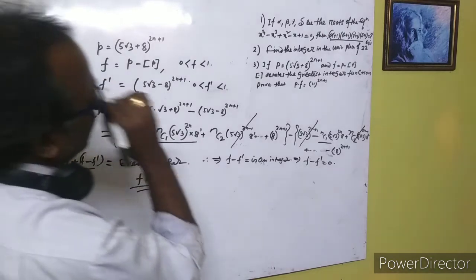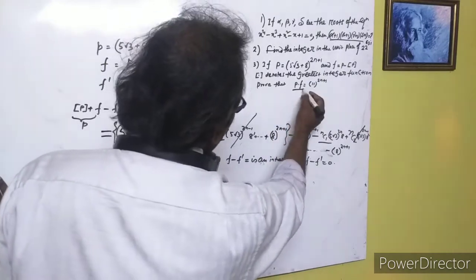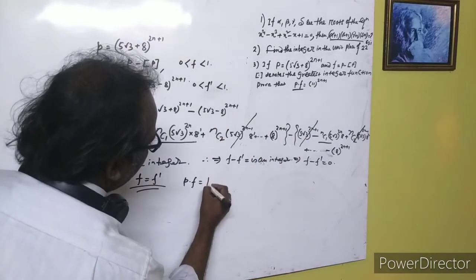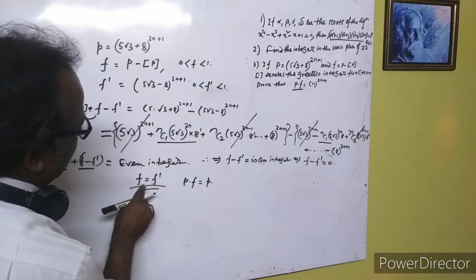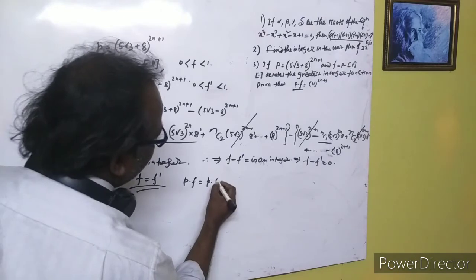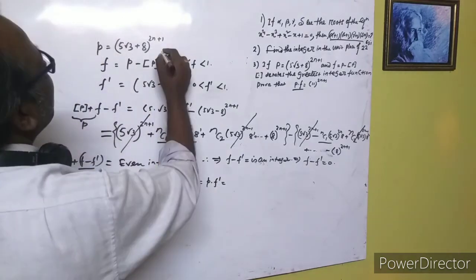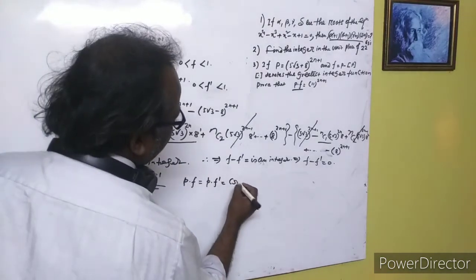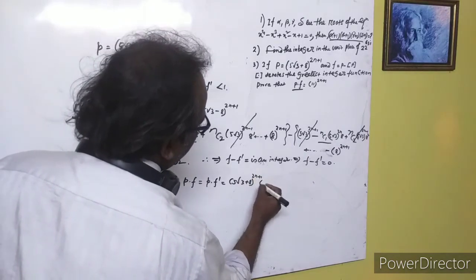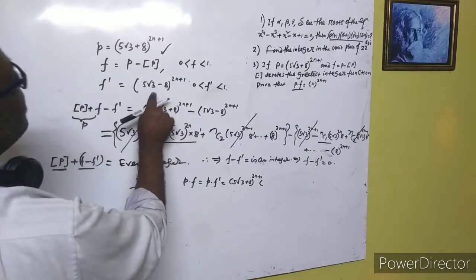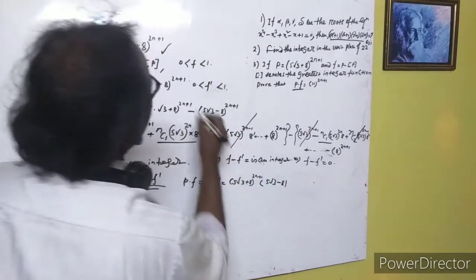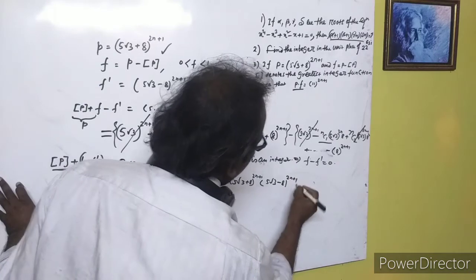And now we want to find the product of that. This is P times f, and since f is equal to f dash, we can write f dash here also. So the P figure is this, (5√3 + 8) to the power 2n + 1, and this also f dash, which is a fraction, (5√3 − 8) to the power 2n + 1.